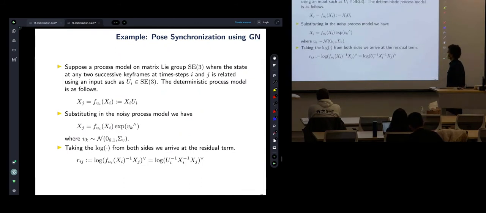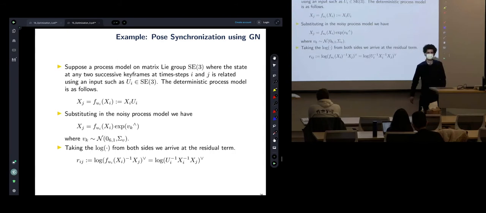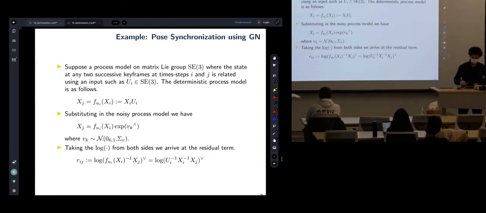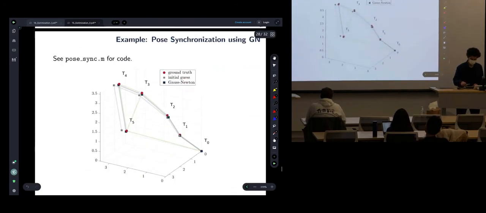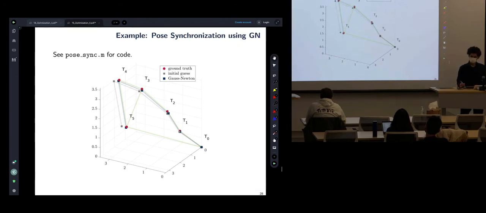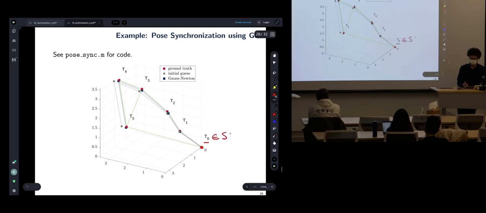Now, something more interesting. This is called pose graph in SLAM. There is a sequence of robot poses. There's the initial point, T0, which can be the identity, if that's your initial guess.